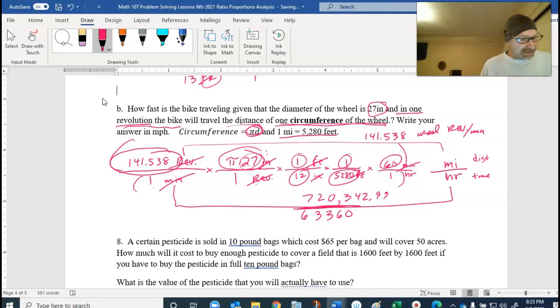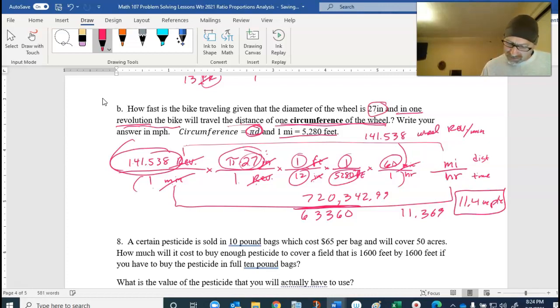And now I'm going to divide that by the 63360. And that gives me 11.369. So it's about 11.4 miles per hour, or 11.4 mph.